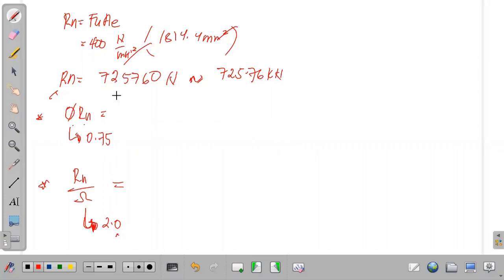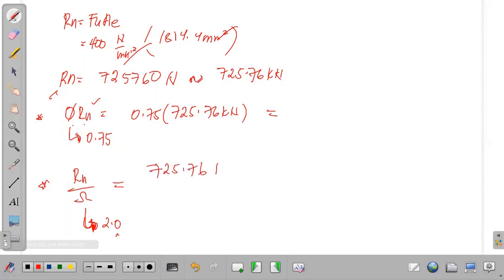Don't forget. So, given Rn, 0.75 times the 725.76 kilonewton we solved. Please solve for the value, and Rn, 725.76 kilonewton over 2.